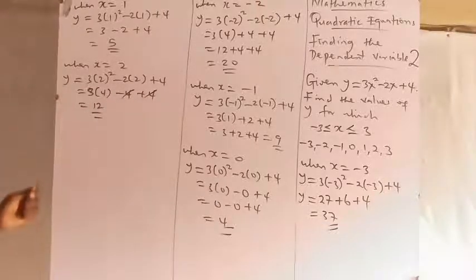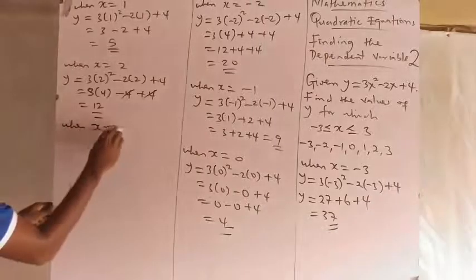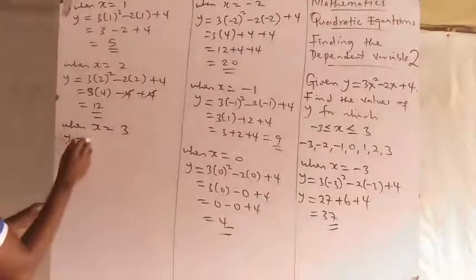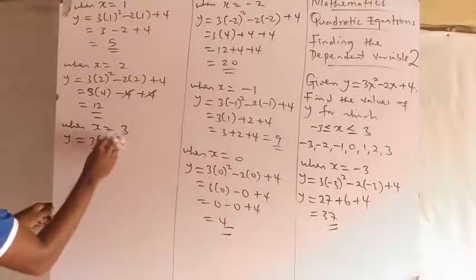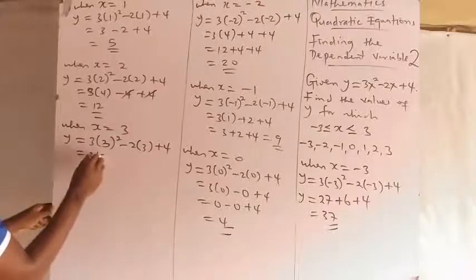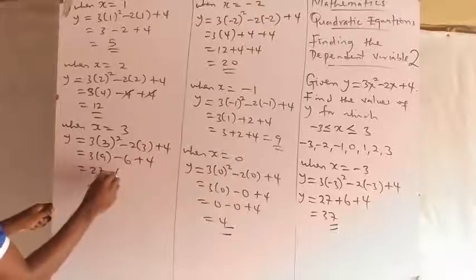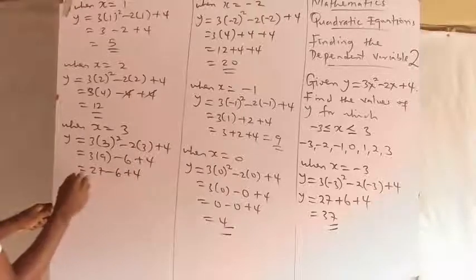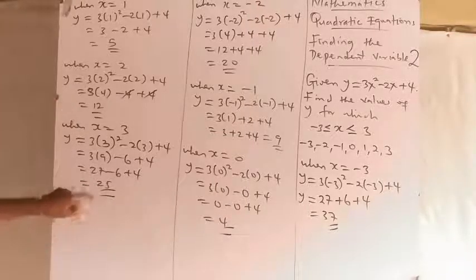And when x is equal to 3, then our y will be equal to 3 into 3 squared minus 2 into 3 plus 4. That will be 3 times 9, 27, minus 6 plus 4. That will be 25. Our answer will be 25. So when x is 3, y is 25.